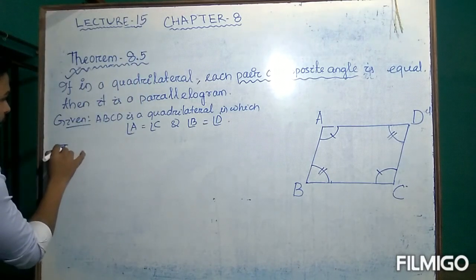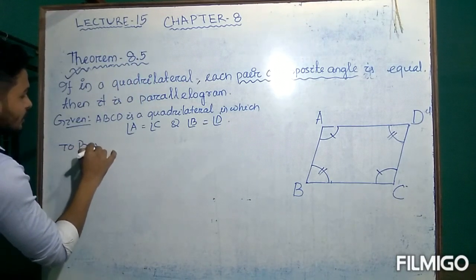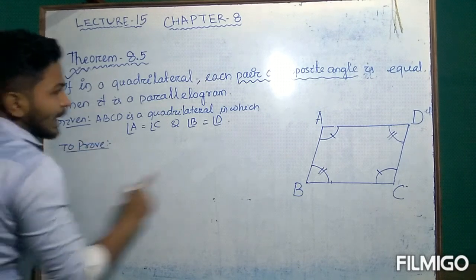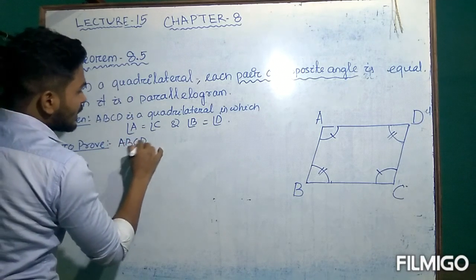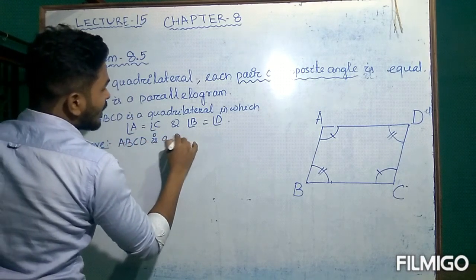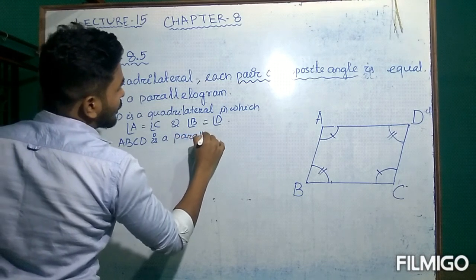To prove: what do we have to prove? We have to prove that ABCD is a parallelogram.